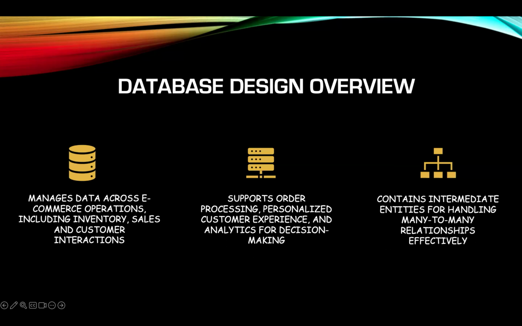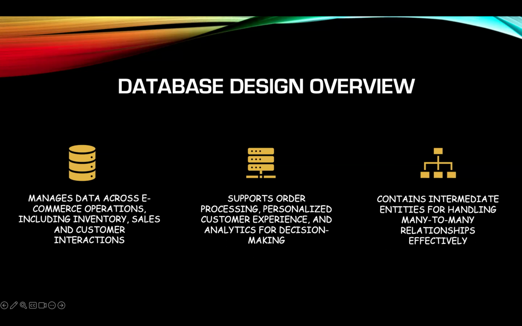Let me give a brief overview of the database design. We have several tables for inventory, sales, and customer interactions, so that we can manage data across those e-commerce operations.